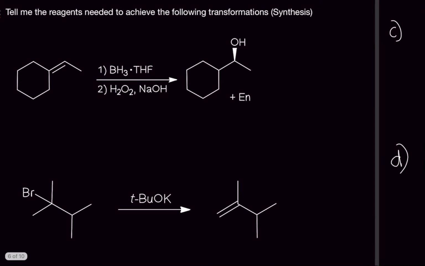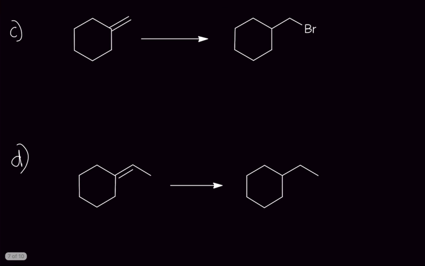Yep. Let's do C. Okay, we have an alkene, and then we're adding one bromine. You will notice that the bromine is on the less substituted side, so this is anti-Markovnikov. Whenever you only add one halogen, you use HBr or HCl or HI, whatever halogen it is.